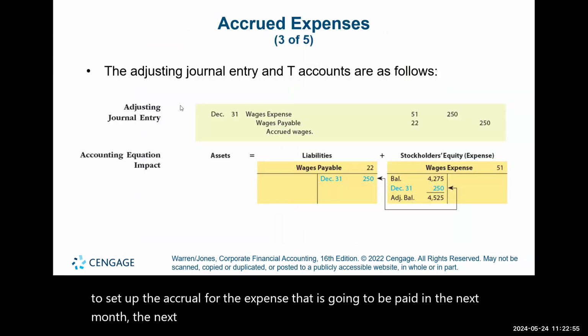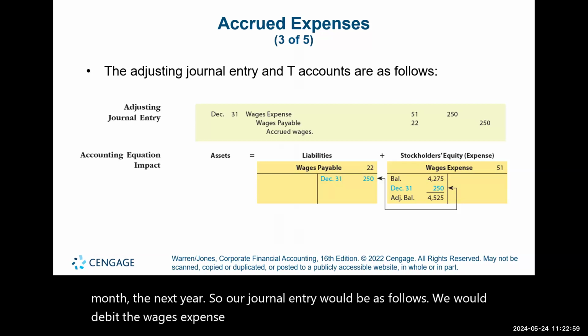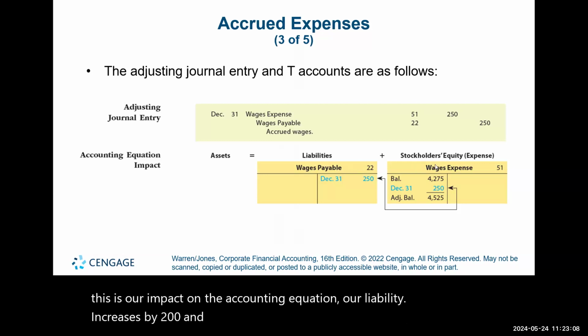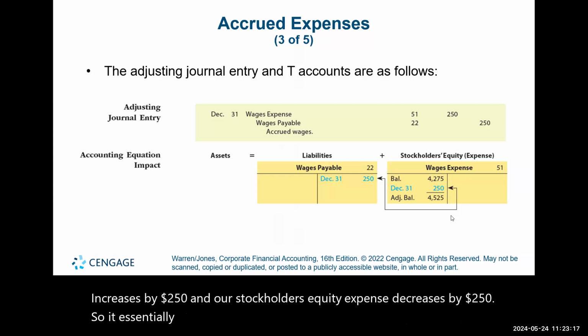So our journal entry would be as follows. We would debit the wages expense account and we would credit wages payable. And this is our impact on the accounting equation. Our liability increases by $250 and our stockholders' equity expense decreases by $250. So it essentially remains in balance.